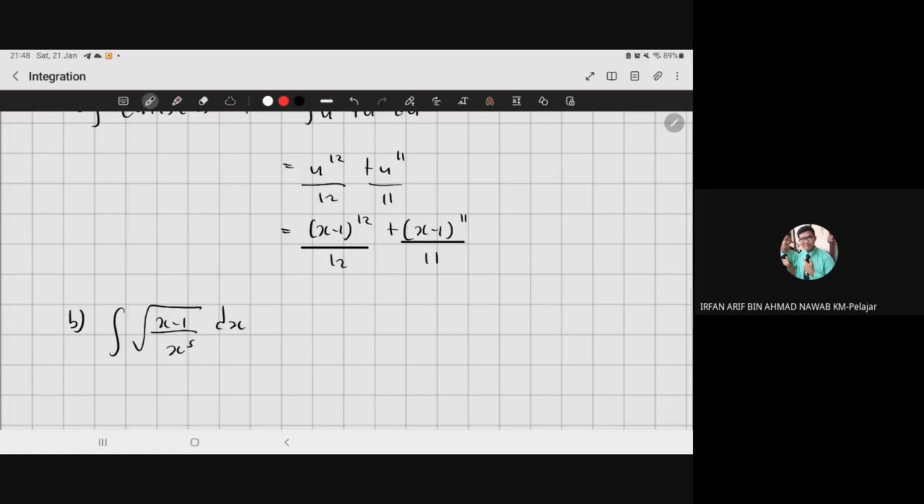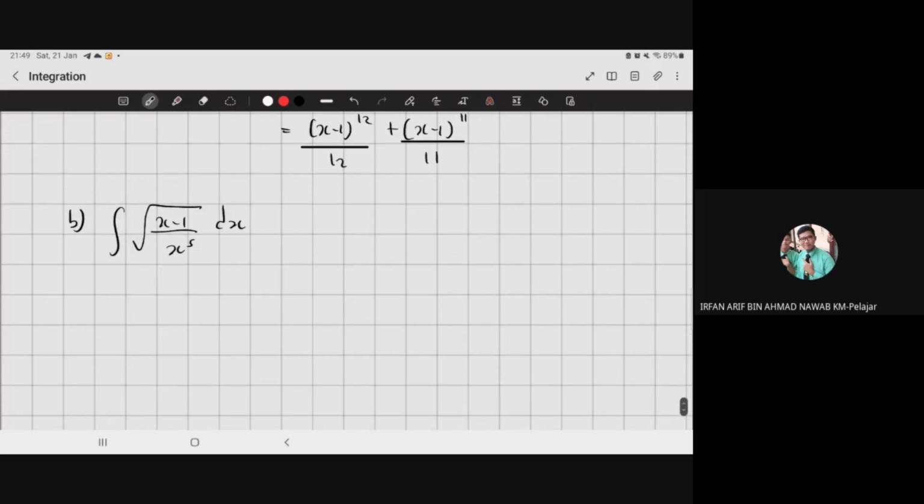Now, most people will just directly go into finding which term to use substitution on, but you have to be careful. Try asking yourself, can I simplify this? Yes, you can. There are many ways to simplify, but the way I simplify it is to factorize the denominator.